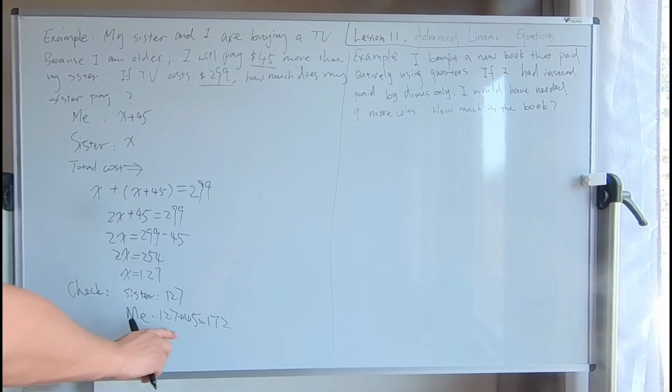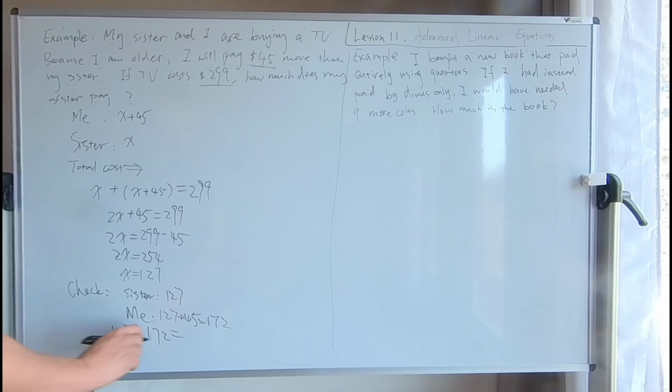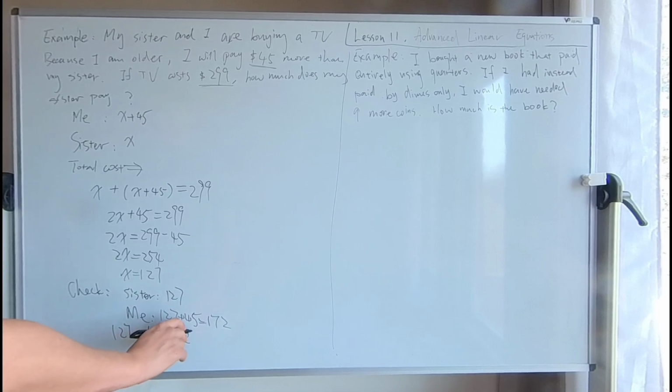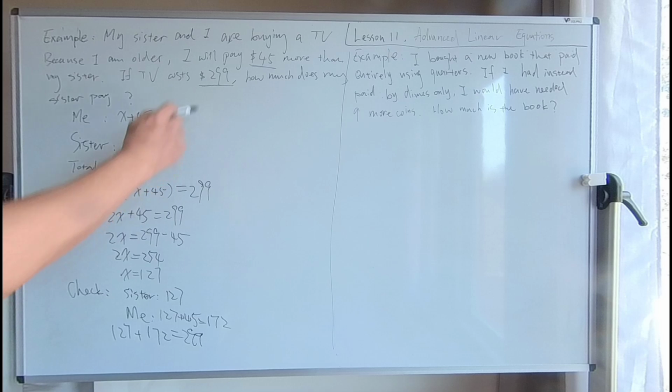Let's sum them together to see if that's really the total amount. It's 299, exactly the total amount that we paid for this TV. So this is validated as the solution.